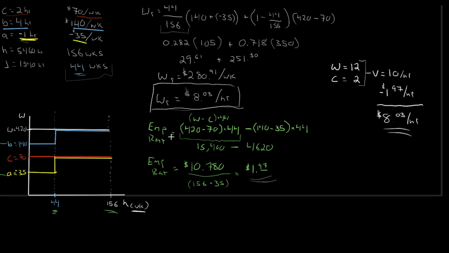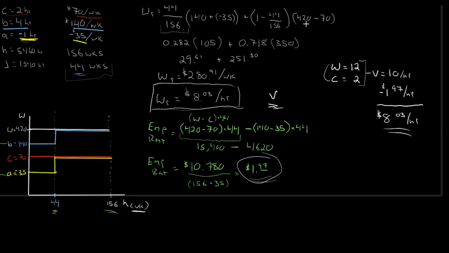Or to put it another way, the difference between our reservation wage and the actual benefit we get from working, that is W minus C, the difference between those two on an hourly basis is our employment rent per hour. So all of it works out this way.